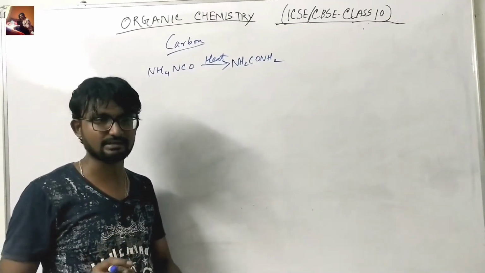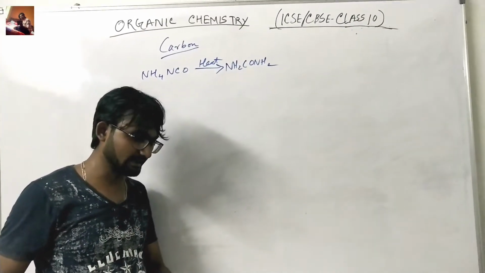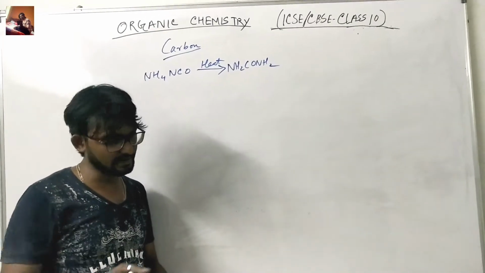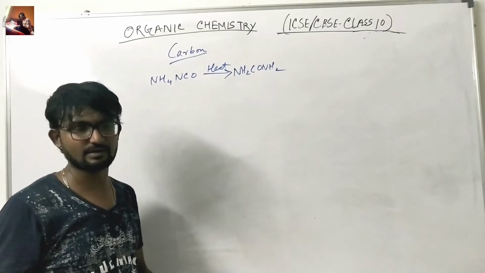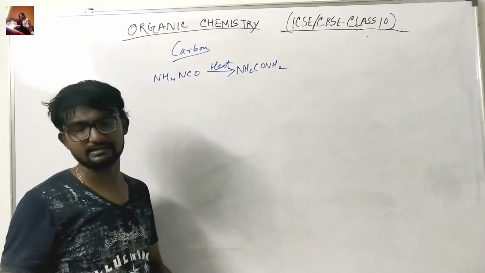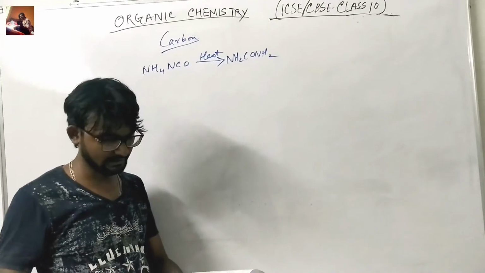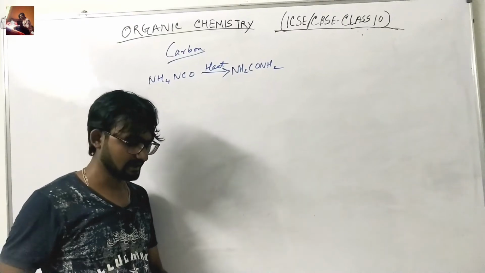Otherwise, I will come to those equations. And solubility, electrical conductivity: they don't conduct electricity because they don't have any ions, absence of ions. Generally they are non-polar in nature, so they are more or less not soluble in water.